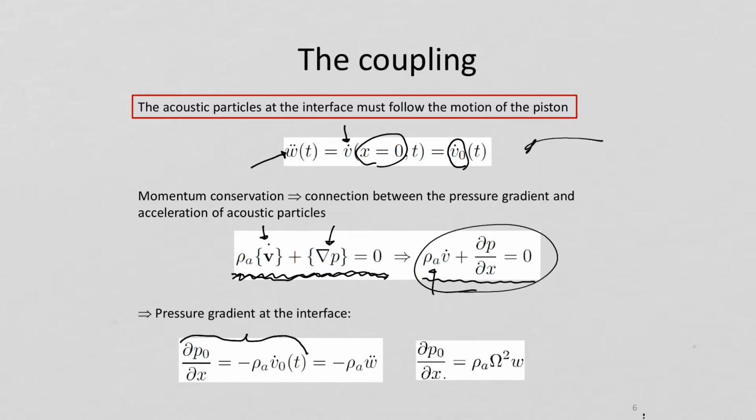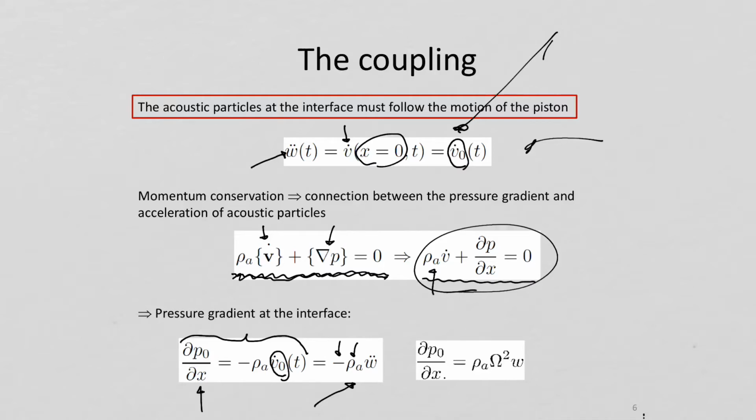And then we see that our v naught dot is the one that we had up here in our coupling condition. So that means that we can now express our pressure gradient at the interface by the acceleration of our mass, the density of the fluid, and a minus sign.